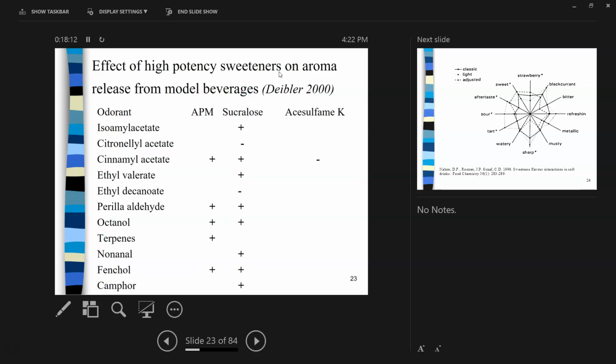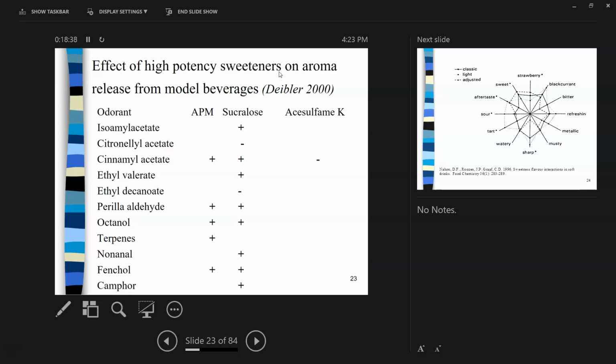It was interesting to me that she found a difference between aspartame, sucralose, and acetate. So isoamyl acetate, no effect with aspartame added. But sucralose, by driving these out of solution, you get a higher vapor pressure, higher volatility, greater perception than you anticipate.